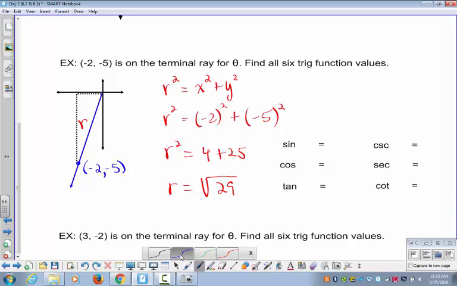They called it angle theta. So we now use our new definition. Sine of angle theta is going to be the y-coordinate divided by the radial distance. -5 over square root of 29. My MyMathLab will definitely want you to rationalize that, so you would write it as -5 square root 29 over 29.